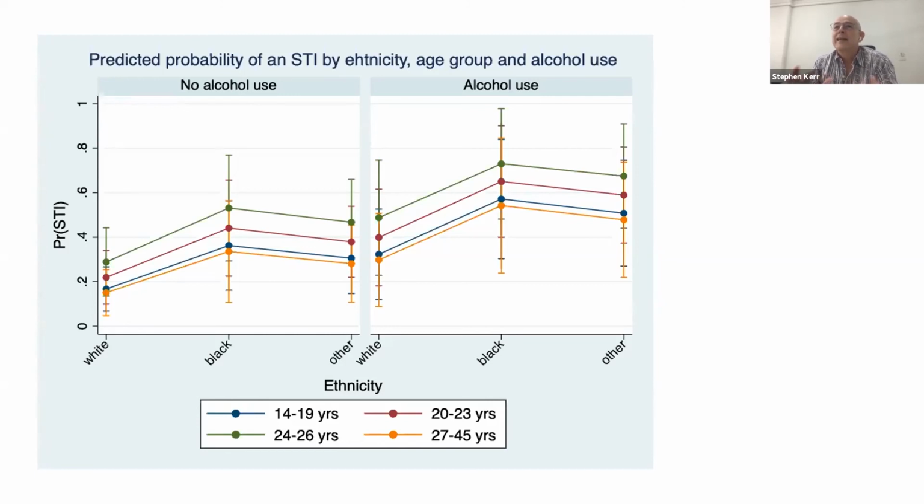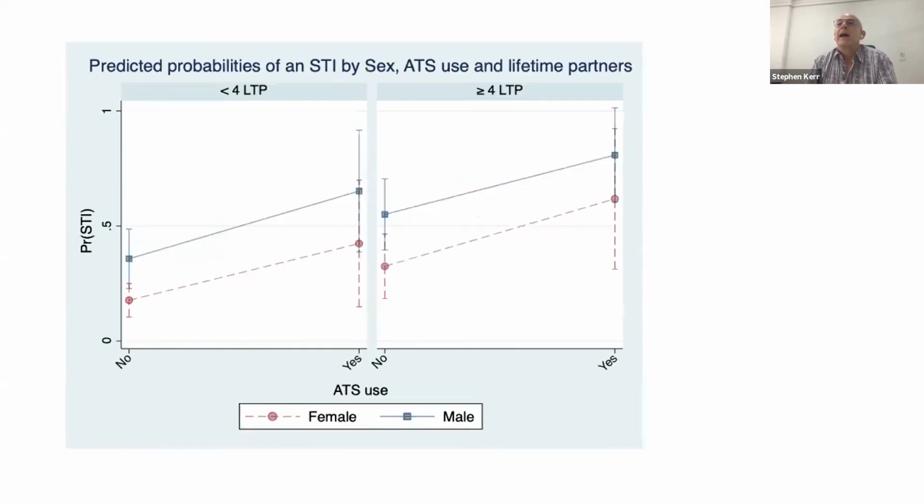Translating the data back into probabilities is quite useful as well for people to imagine the significance of your model. And here I've presented it in a slightly different way, where we can see the risk of males and females having an STI by whether they use amphetamine type substances and the number of lifetime partners.